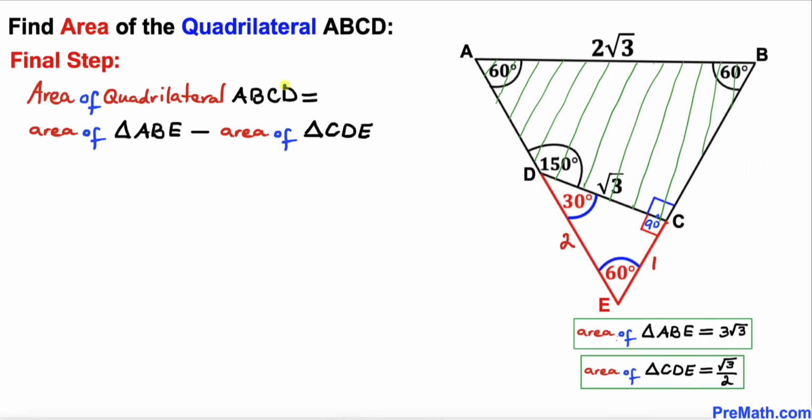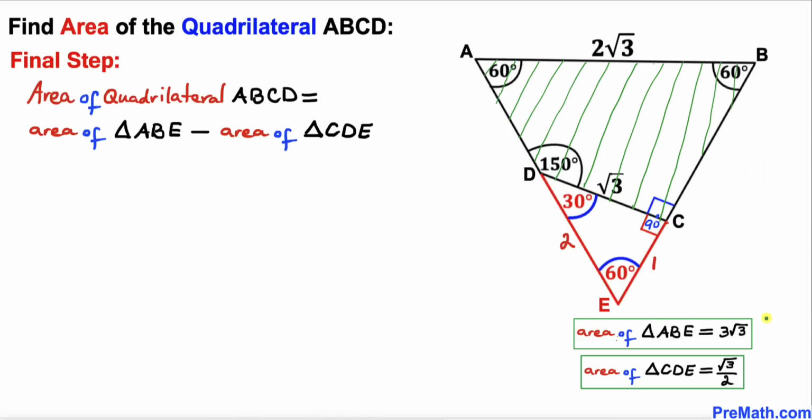And here's our final step. Now let's calculate the area of this quadrilateral ABCD, and we know that this is going to be equal to the area of the big triangle ABE minus the area of the smaller triangle CDE.